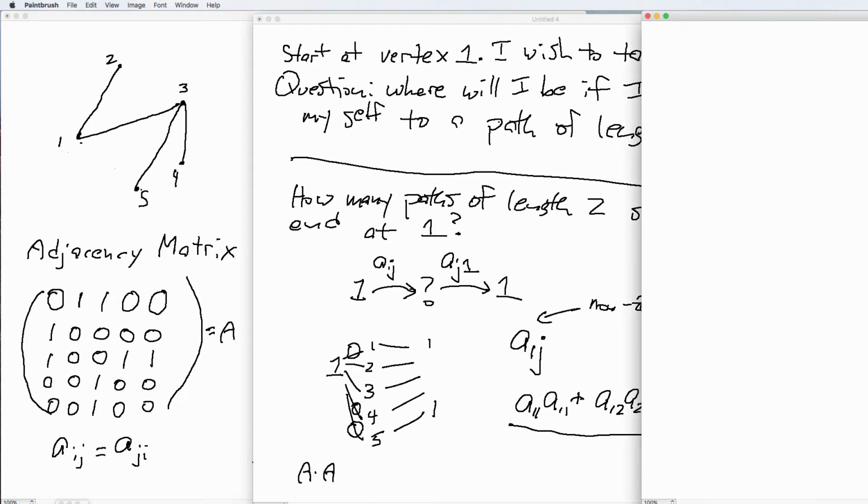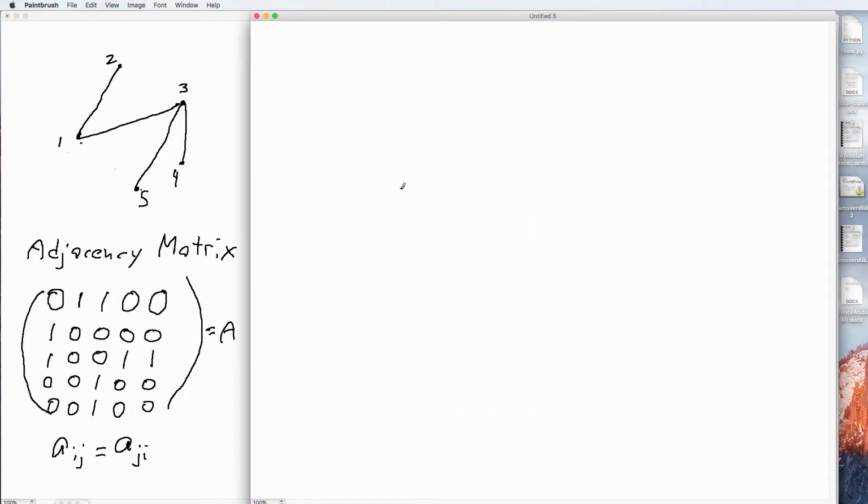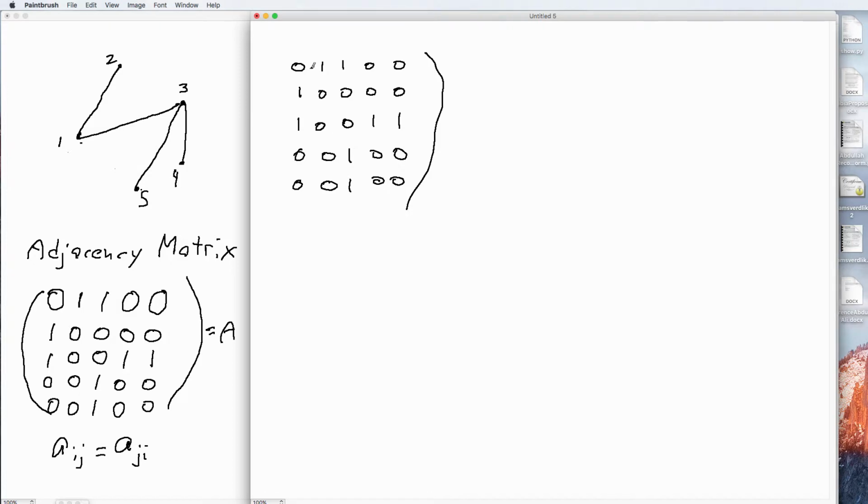Well, this is pretty cool, because here's what that means. If I come over here, and here's A, and what I'm going to do is multiply this matrix, so this is A, and I'm going to multiply it times itself.